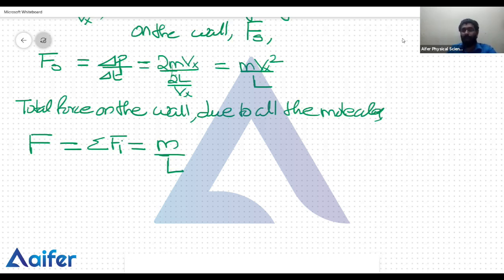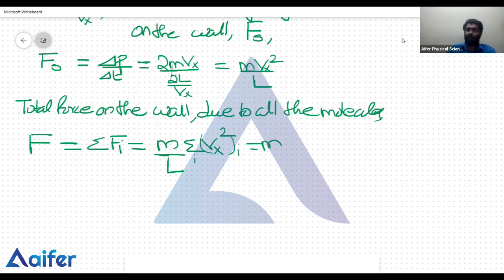We are assuming all the molecules are identical and their mass is small m. But their velocities are random, so we cannot say all have the same velocity. So we have to sum over the states, whatever the number, we have to incorporate that number.